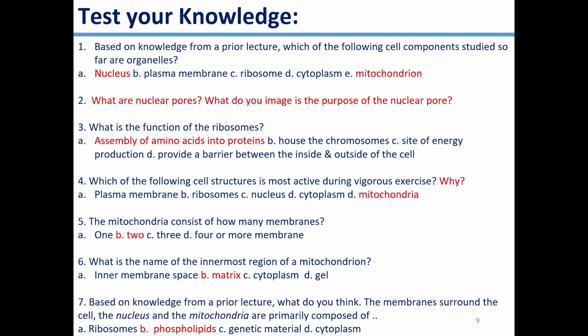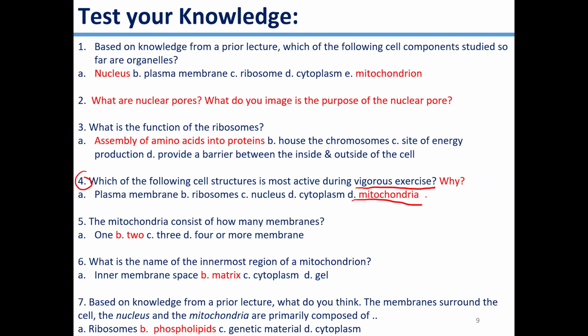All right, welcome back. So I'm only going to do two of these. The first one we're going to look at is this right here. Which of the following cell structures is most active during vigorous exercise? In this case, out of all the organelles we've currently talked about, one of the major ones is going to be the mitochondria.